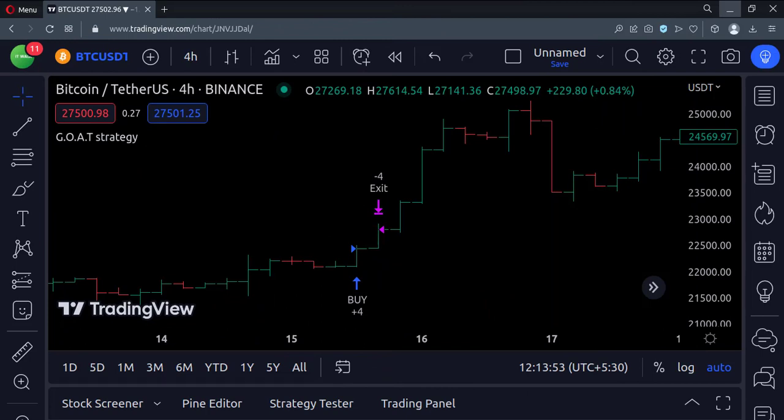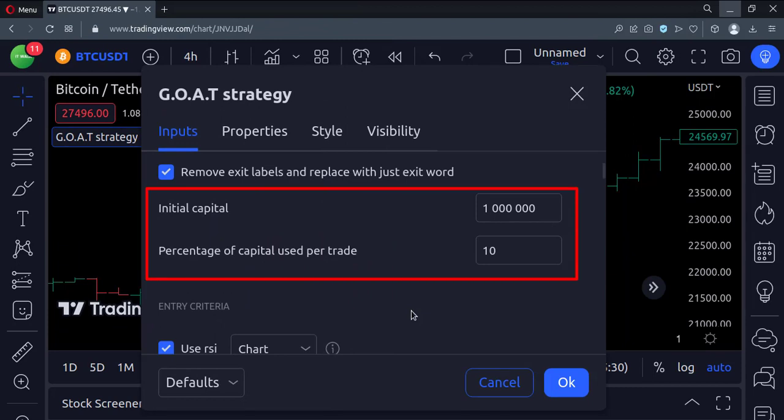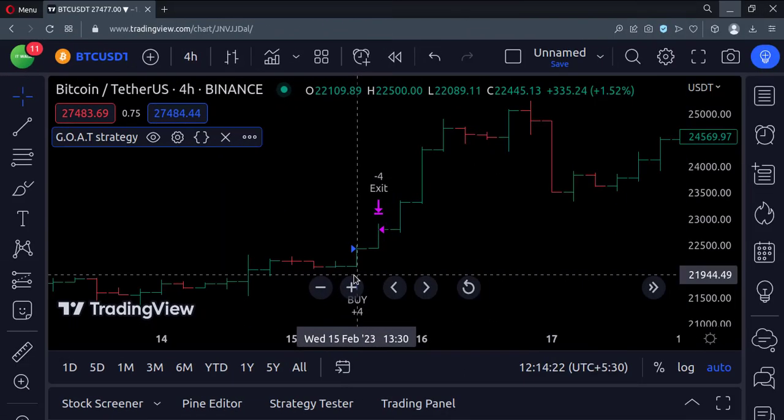Also, an important point about these numbers, that you can see written above and below the entry and exit candles. What are these numbers? Remember that our initial capital is 1 million, and we use only 10% of that capital for a single trade. So that would be 100,000 for each trade. Now, at the entry level, the Bitcoin was going at a price of 22,445.13.